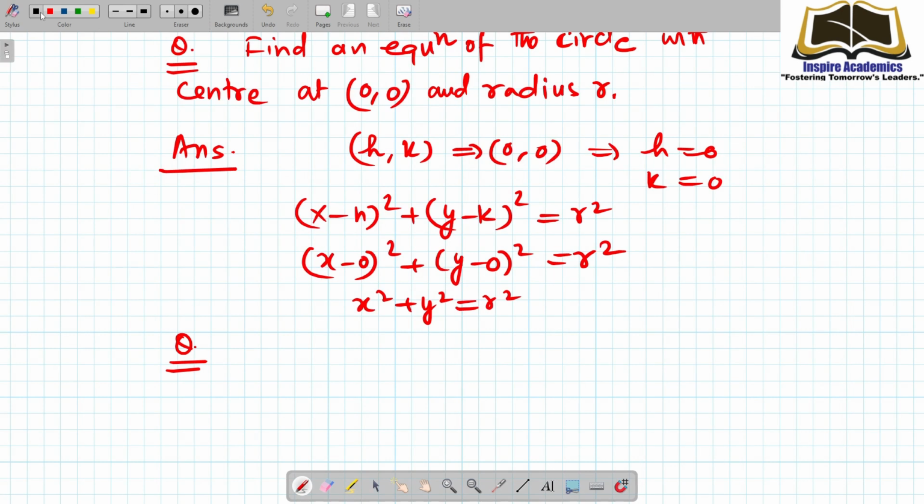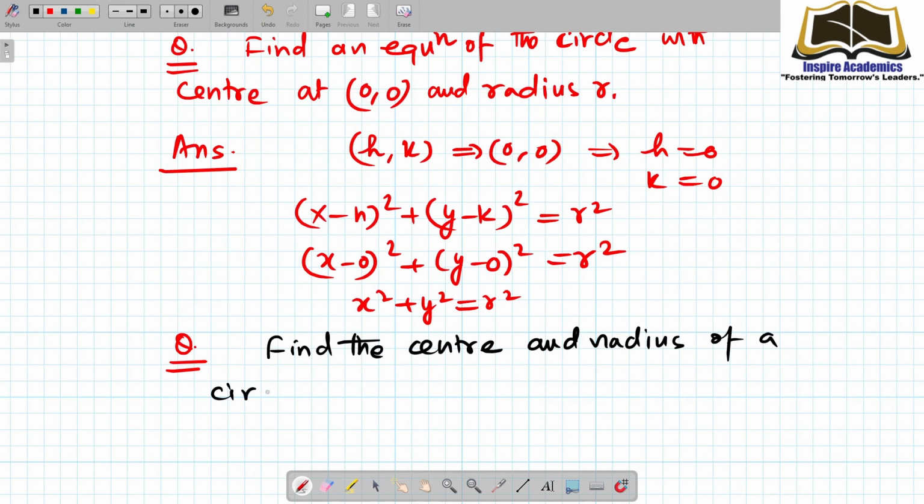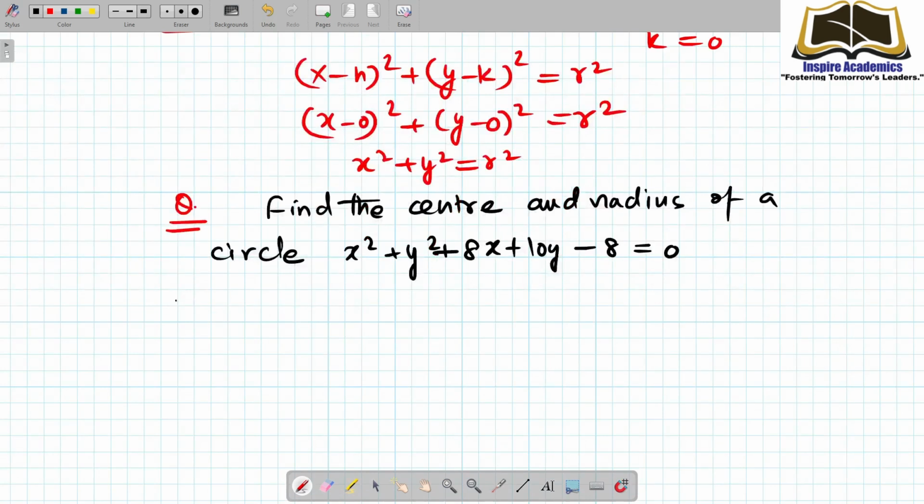Find the center and the radius of a circle whose equation is x square plus y square plus 8x plus 10y minus 8 is 0. So let us reframe this equation.